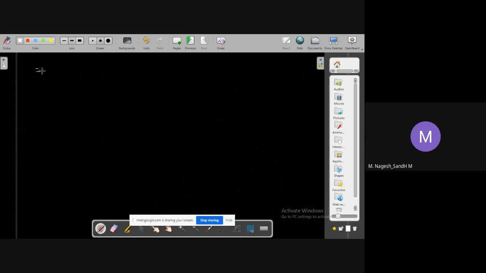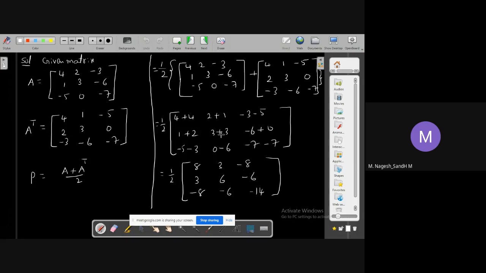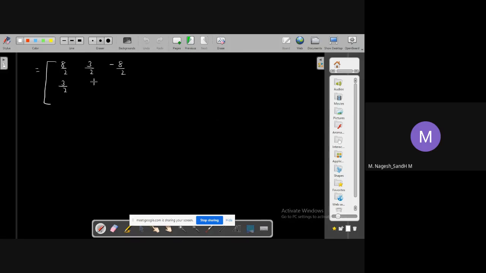We have to multiply it to each and every element: 8 by 2, 3 by 2, minus 8 by 2; 3 by 2, 6 by 2, minus 6 by 2; minus 8 by 2, minus 6 by 2, minus 14 by 2.